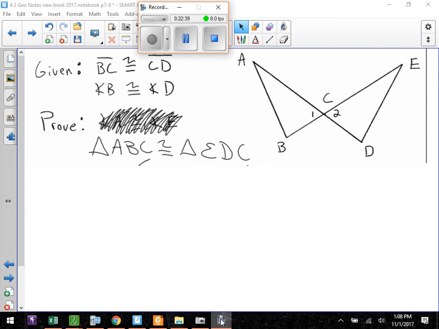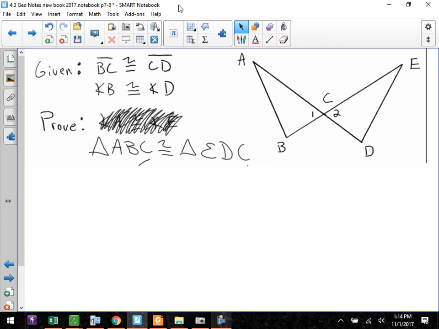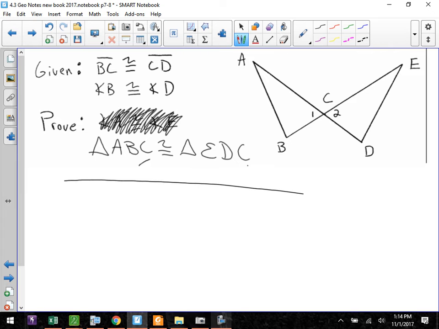Go for it. Think of it. Ladies and gentlemen, right off the bat, given BC is congruent to CD, what do you do to your diagram?